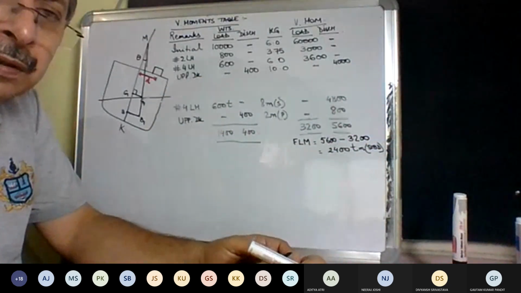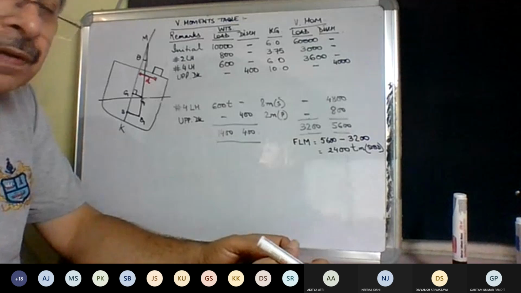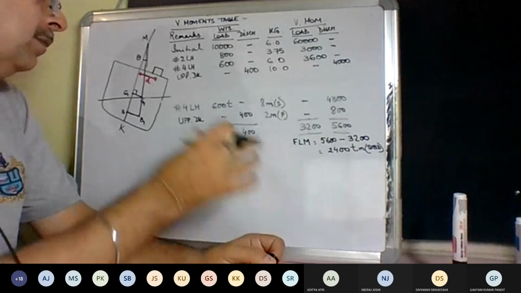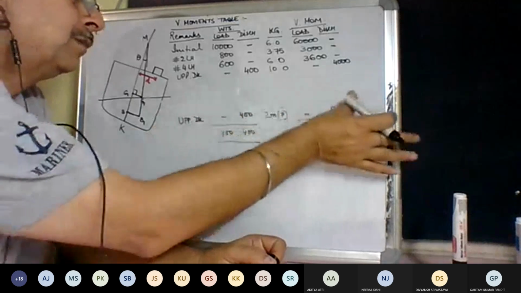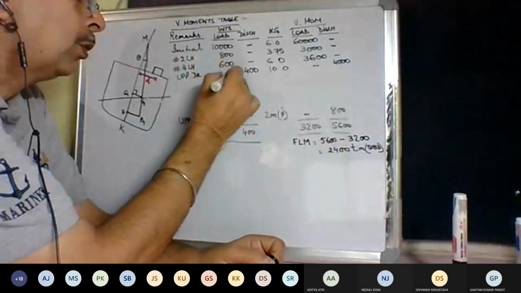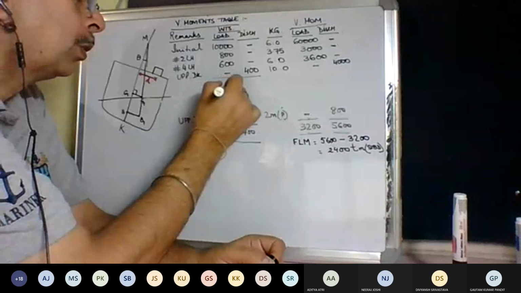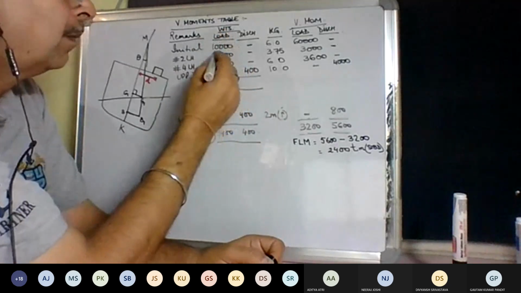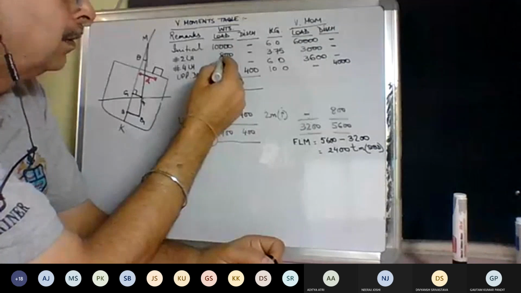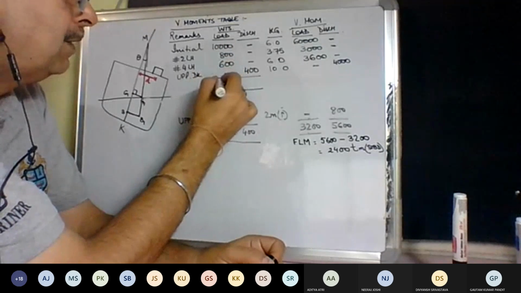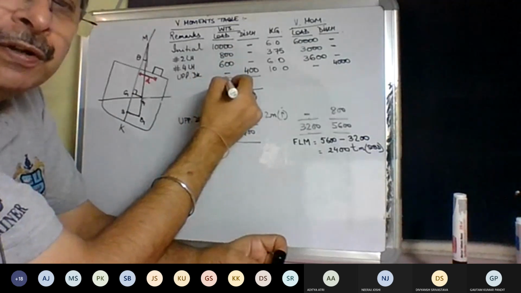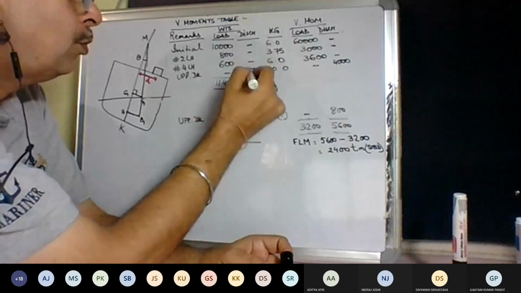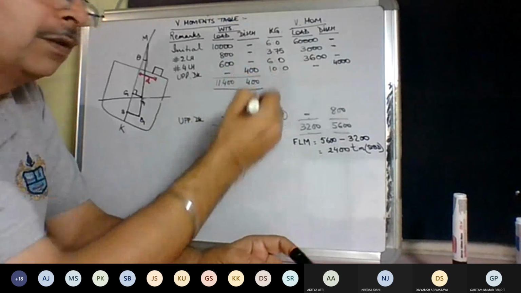These are the various weights that I have loaded or discharged. So therefore, इसका टोटल 11,400. इसका टोटल 400.